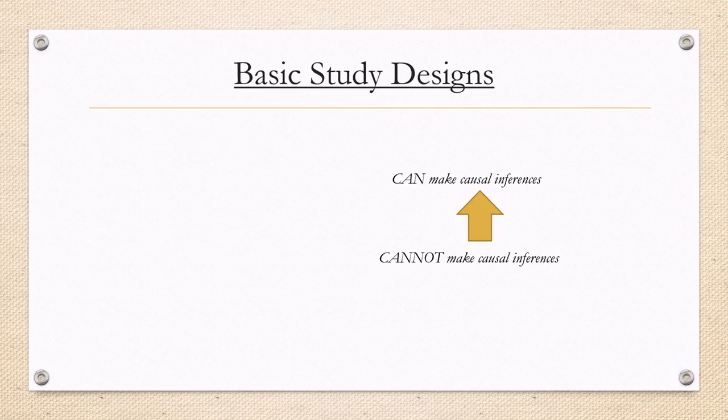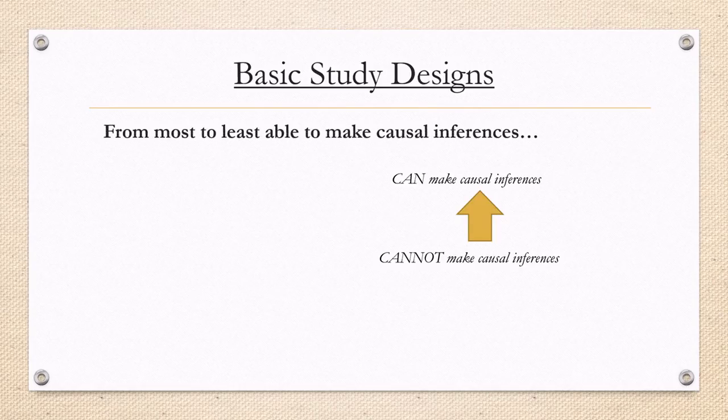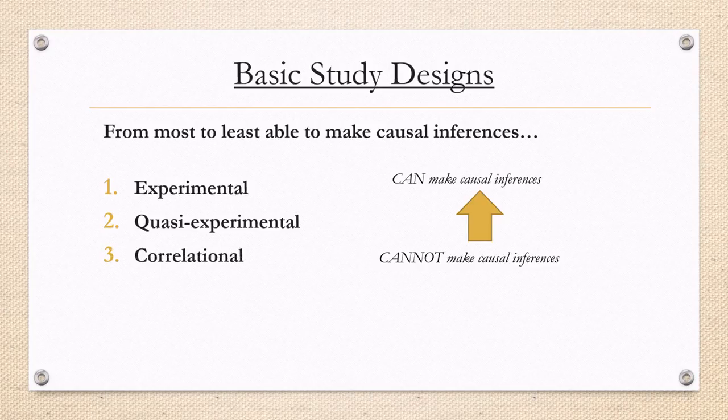So if we come back to our basic study designs, and we look at the degree to which we can make causal inferences, remember, in our experimental designs, we are most able to make these inferences.